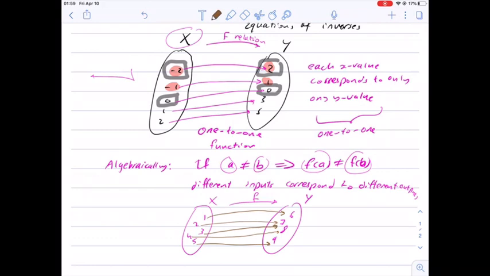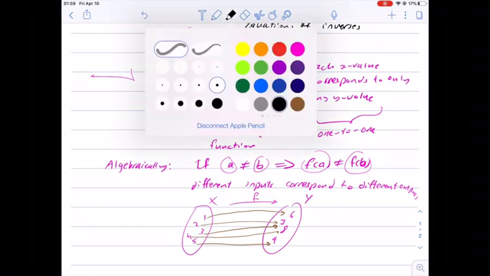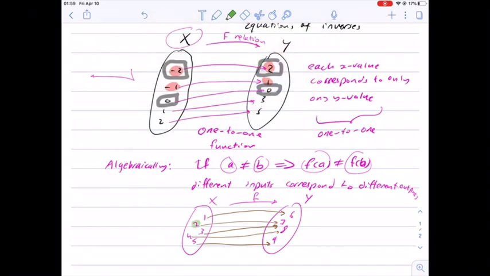This function is not one-to-one, because as you can see here, 2 is related to 7, and 3 is related to 7 as well.